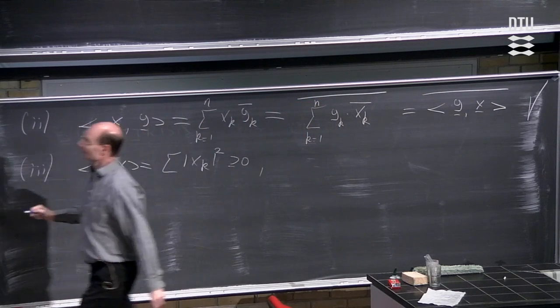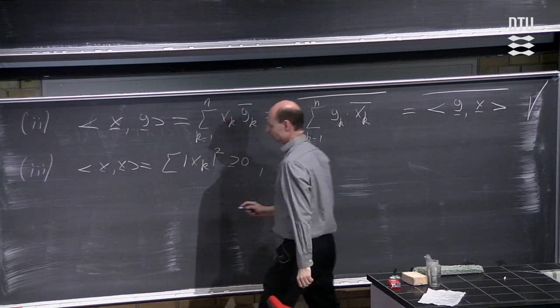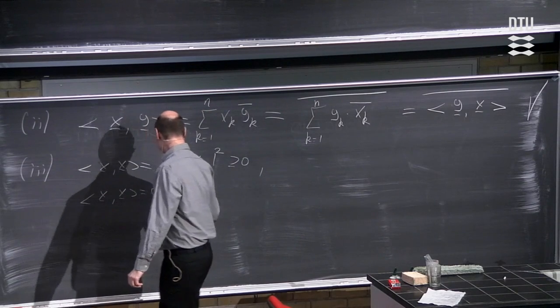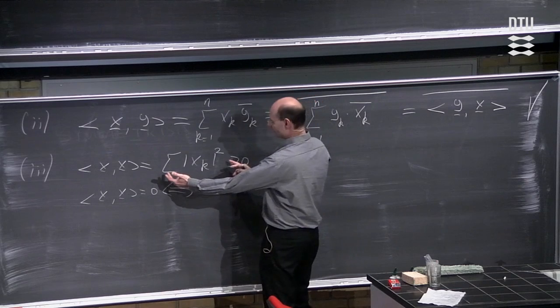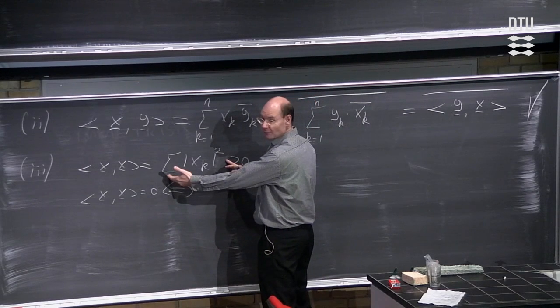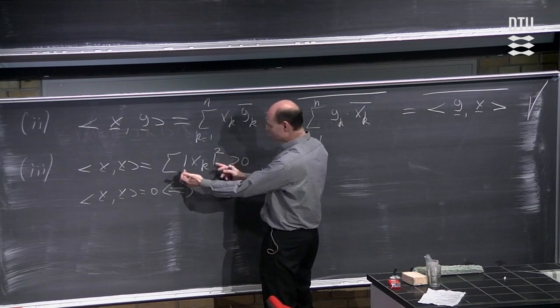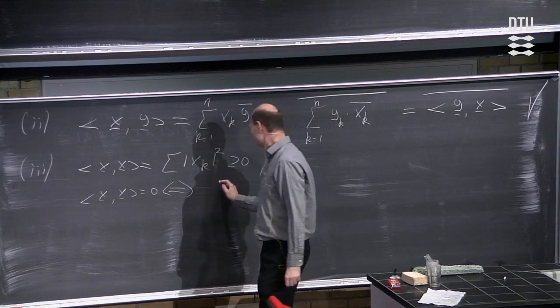So this shows that we have the first property, and then we need to show what does it mean that it is equal to 0. And then we just look at it and say, it is given by this expression, and this is a sum over non-negative numbers. So this being equal to 0 is exactly the same as to say that xk is equal to 0 for all k.